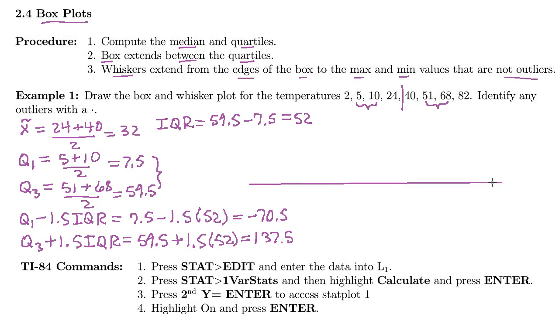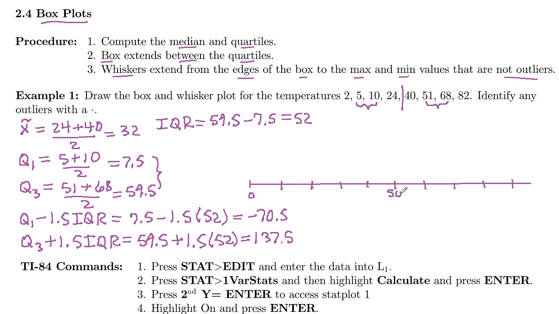So we are going to stretch out a number line here. And we're going to scale that number line from, we got to get from 2 to 82. So I would say probably 0 to 90 here. So 0, let's do 10, 20, 30, 40, 50, 60, 70, 80, and 90.